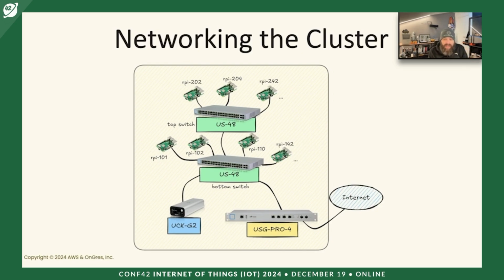To provide external access and manage all the routing, we integrated a gateway which connects the cluster directly to the internet. Additionally, a small device called UCK G2, the Unified Cloud Key Gen2, was deployed to manage and monitor the network configuration. It offers us centralized control and visibility into network performance. As you can see, very simple setup. It provides us a manageable infrastructure for the cluster while we balance communication and internet connectivity.